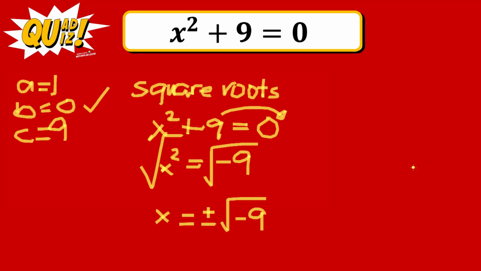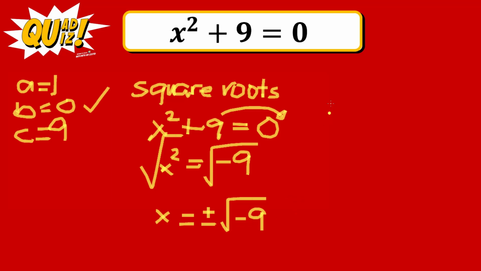That would mean 25, being the perfect square, can be taken from the result of squaring both 5 and negative 5. That's why we have the positive and negative notation here.